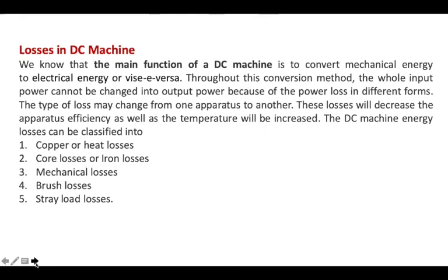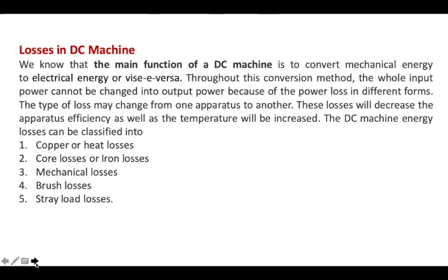So what are the different losses in the DC machine? The different losses in the DC machine will be copper loss, or the heat loss, or I square R loss. The second, because it is an electromechanical device, there will be some mechanical losses, plus electromagnetic induction is there. So you will have the core over here, and therefore there will be core losses in the given machine.